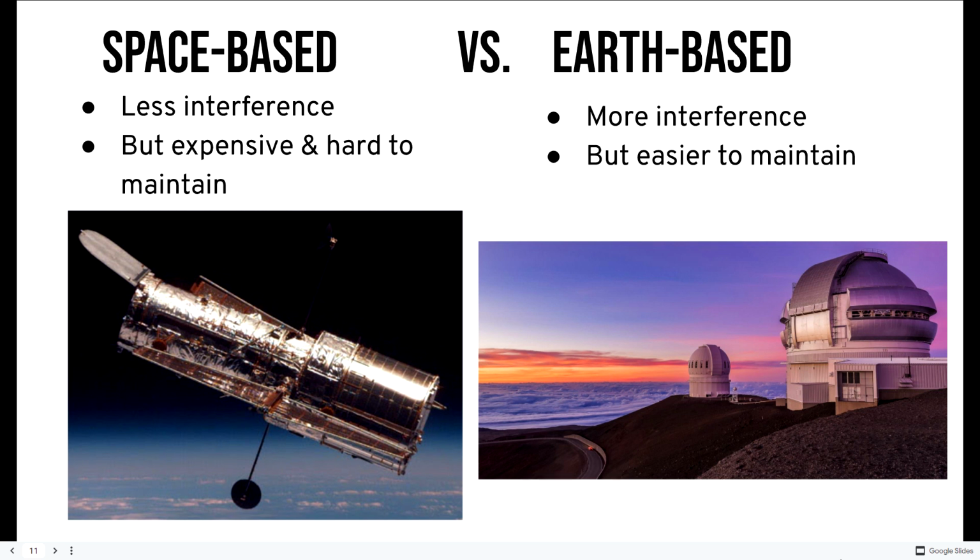If the atmosphere is thick or unstable, it can actually cause the images you get back to be blurry or wavy. So you want a very clear, smooth, stable atmosphere. And the higher up you go, the more stable the atmosphere is. So you'll find these big observatories at the top of mountains.